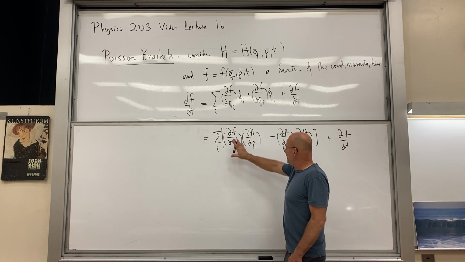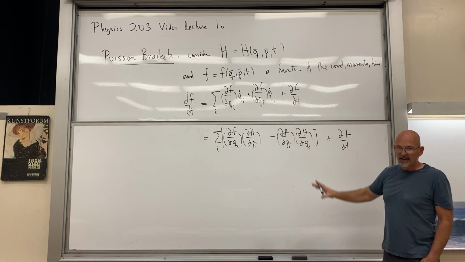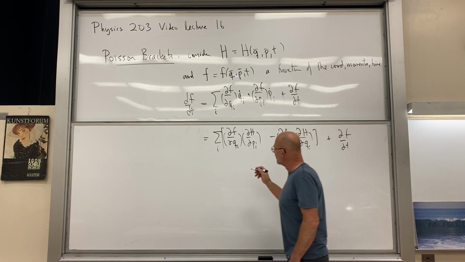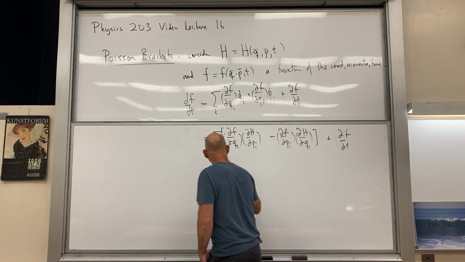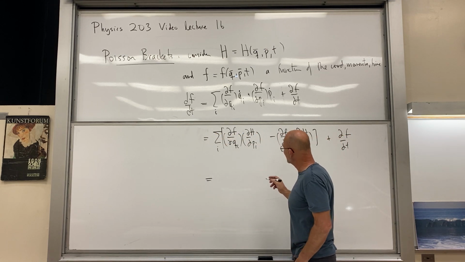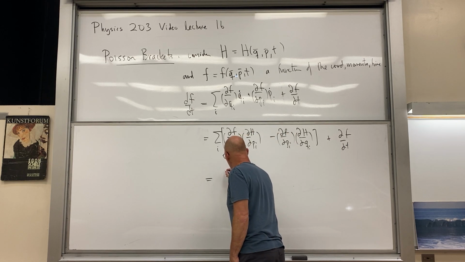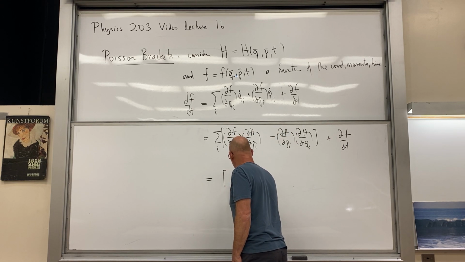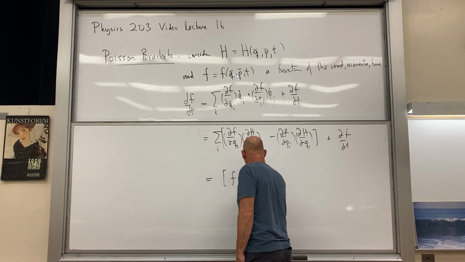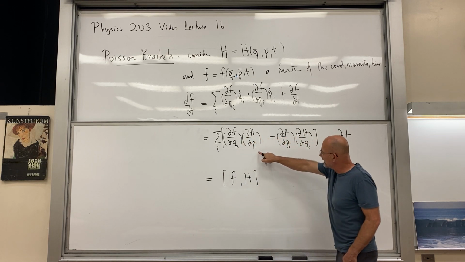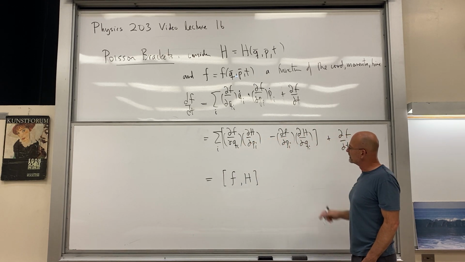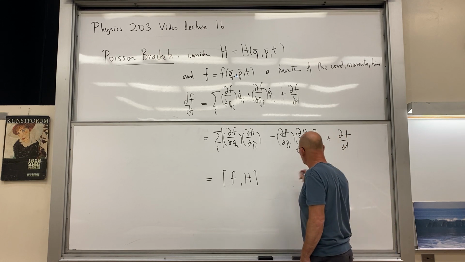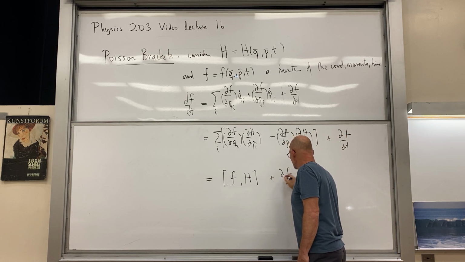So this collection of derivatives gets a shorthand form, and so we'll leave enough space in here to write any definitions we need. This is called the Poisson bracket of f and h. Okay, this set of derivatives, and we still have the explicit time derivative.